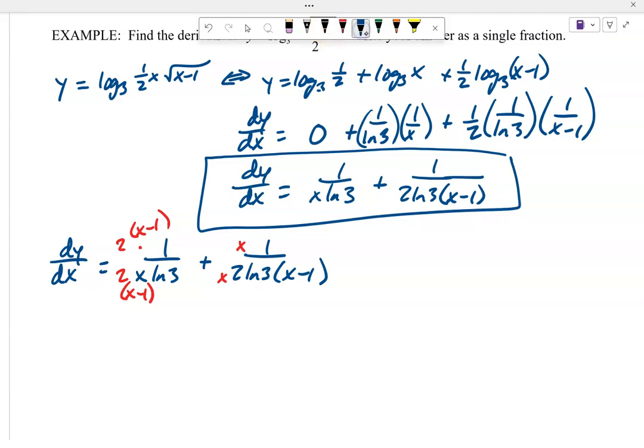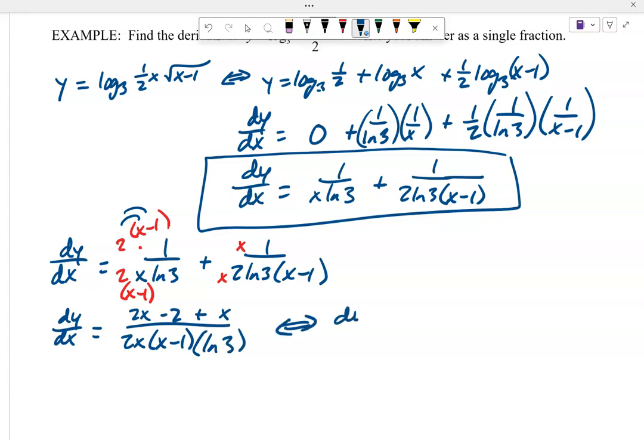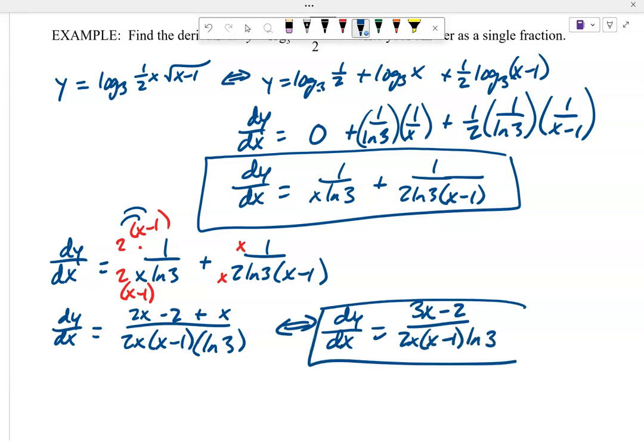And so it looks like our dy/dx would be 2 times x minus 1, so 2x minus 2 plus x all over 2x, x minus 1, and an ln of 3. So another way to write this would be 3x minus 2 over 2x, x minus 1, natural log of 3.